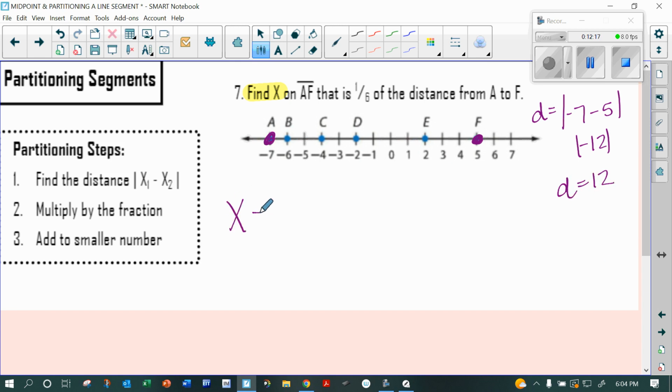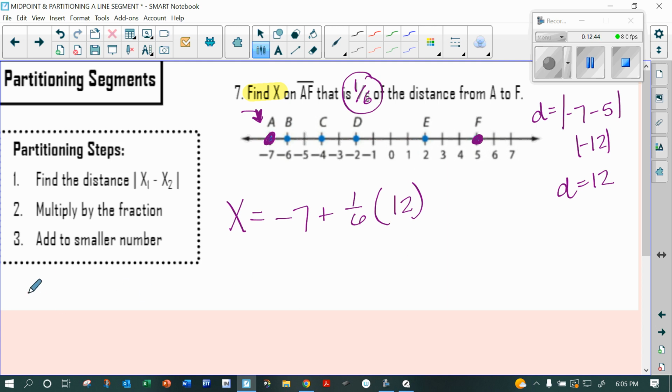So point X is located... So you found your distance, right? So you're going to take your starting point. So take your starting point right here, -7, plus a sixth of the distance. So 1/6 of the distance. So 1/6 times 12.